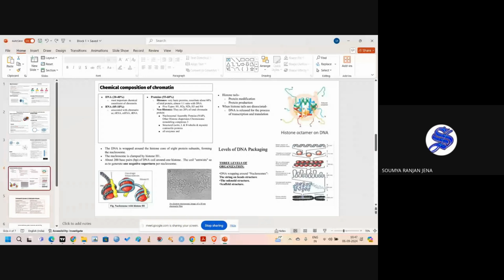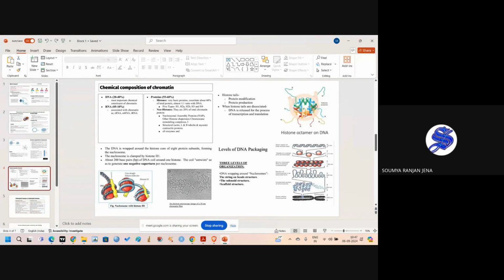About 200 base pairs of DNA coil around one histone.